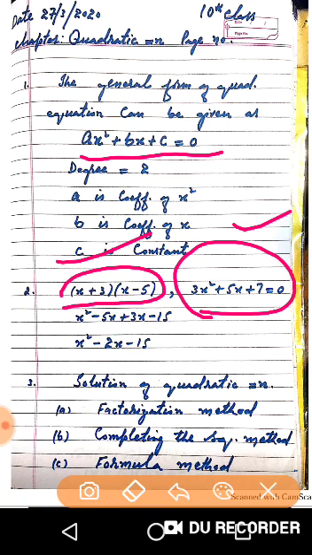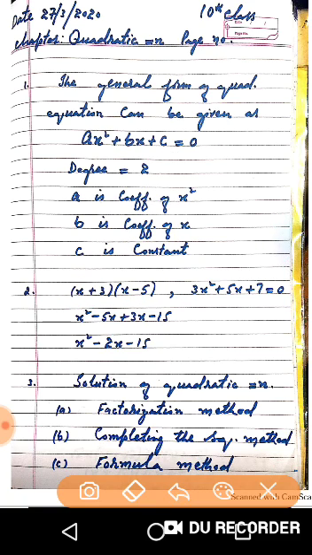So here we have to find first whether the power of the variable is 2 or not. For that we have to simplify this first. Actually this is not an equation, there is no sign of equality, but you will multiply it to see whether you get the power 2 or not.